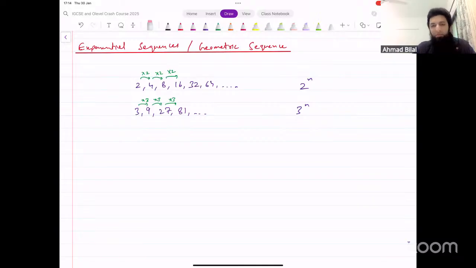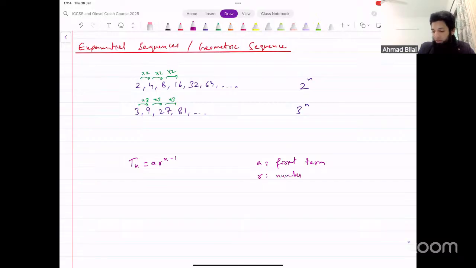If it's something more complicated, there's a formula that we have for this, and that looks something like this. Tn equals a r raised to the power n minus 1, the nth term of an exponential sequence. A is still the first term here, and r is the ratio between the terms. So the number that you have to multiply with, that's basically r. That's the ratio between terms. Let me write that in words.